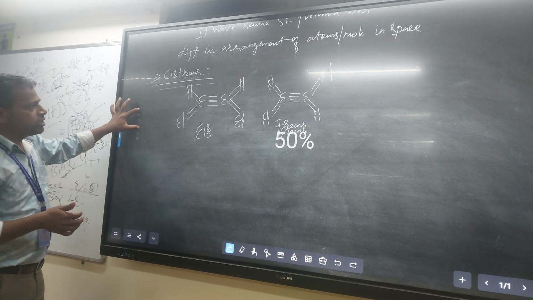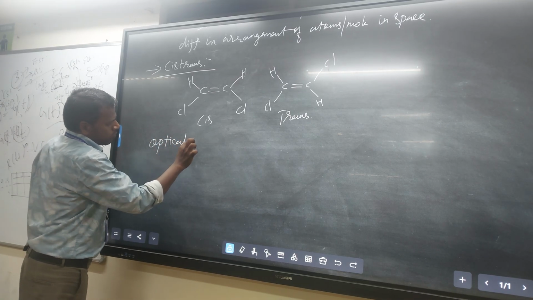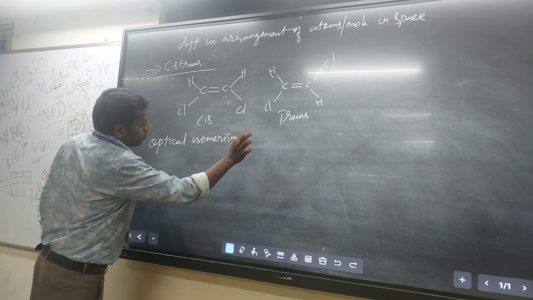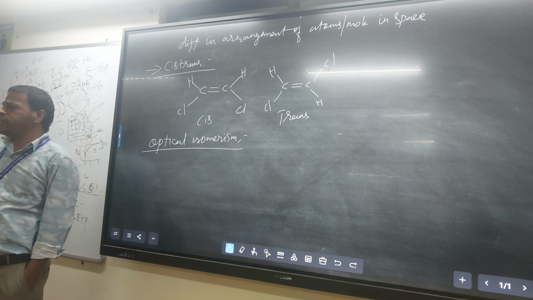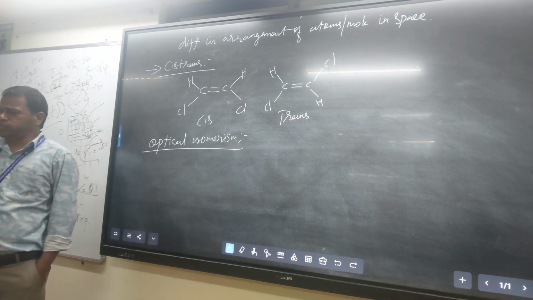Optical isomerism means the molecules rotate the plane polarized light. That compound has optical isomerism.